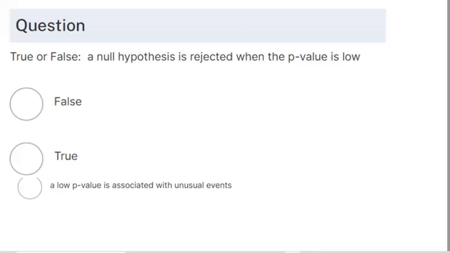Okay, so p-value. A p-value is the probability that the null hypothesis is true given your data, okay?